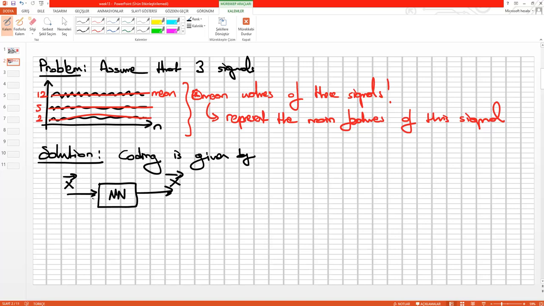If we feed the x vector to the neural network, then we can produce the same x vector, or we must produce the same vector in order to catch the whole features or the main features here.